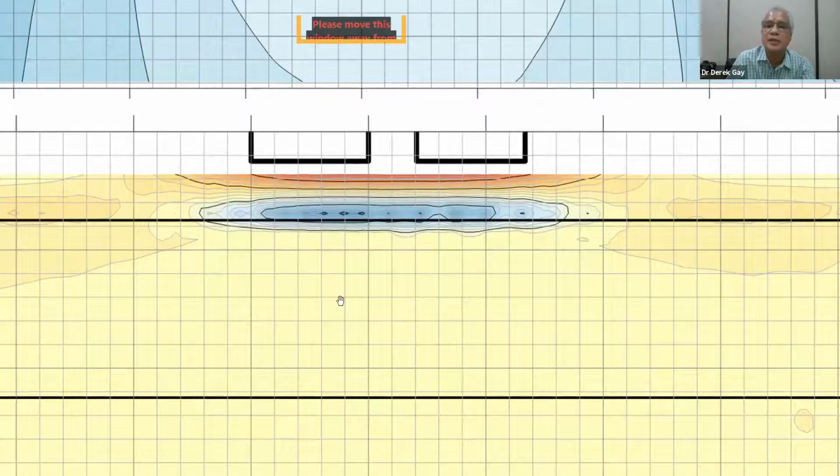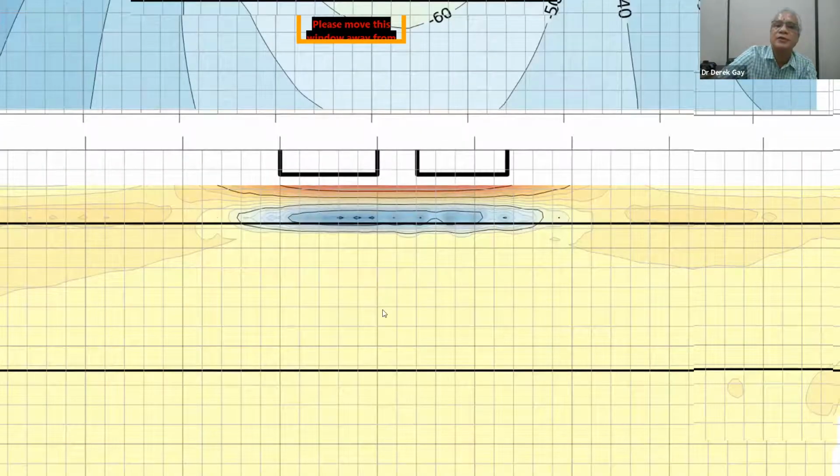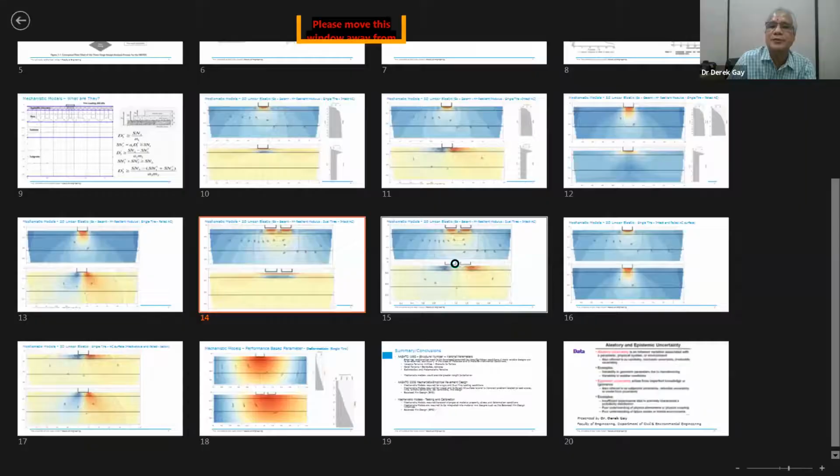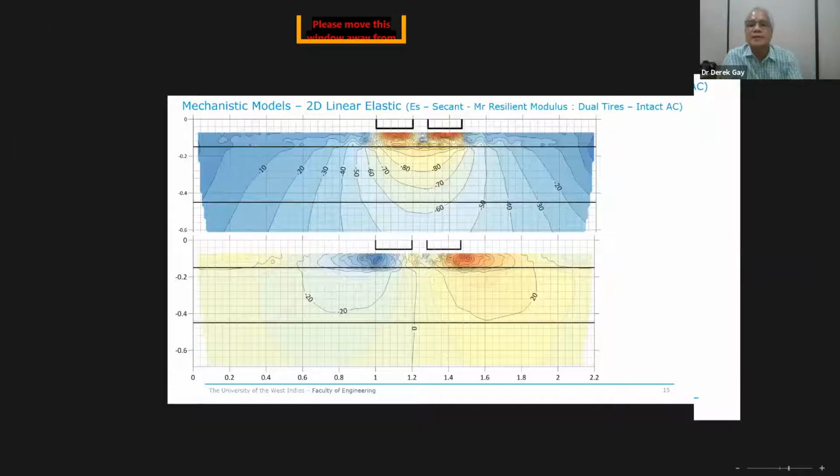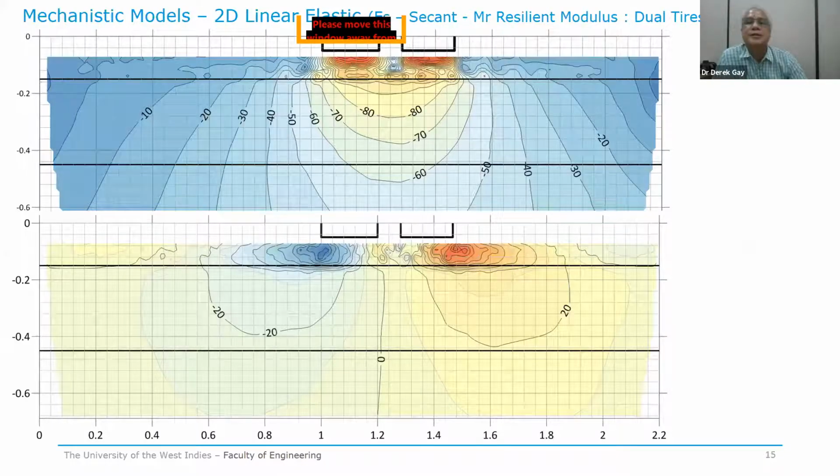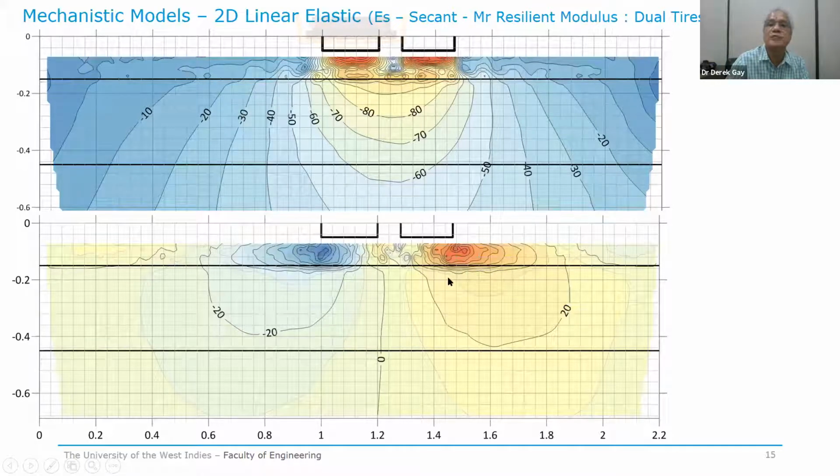So again, here we still see the stresses contained in that very stiff asphaltic layer. Again, with dual tires, the left tire has a positive shear stress and the right tire has a negative shear stress. And again, these shear stresses penetrate much deeper than we would like in the pavement design.